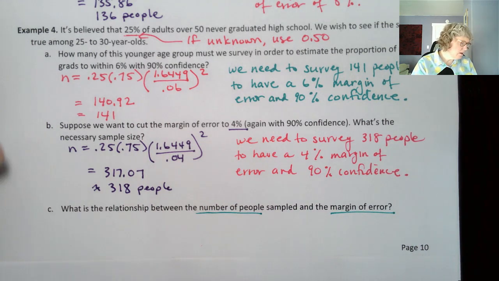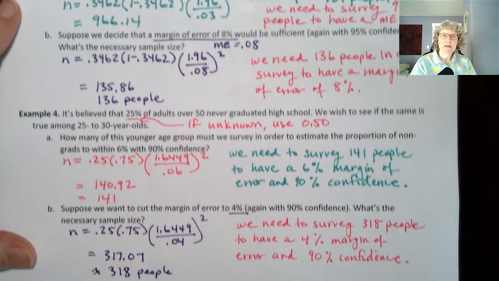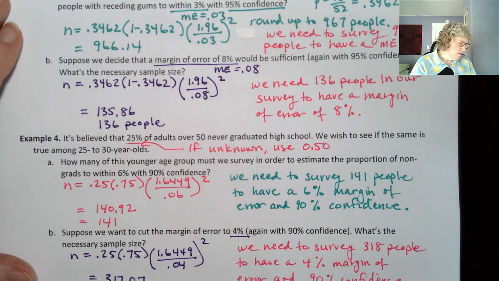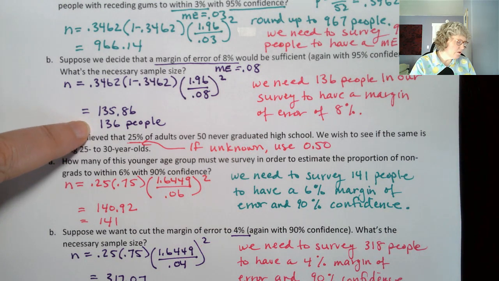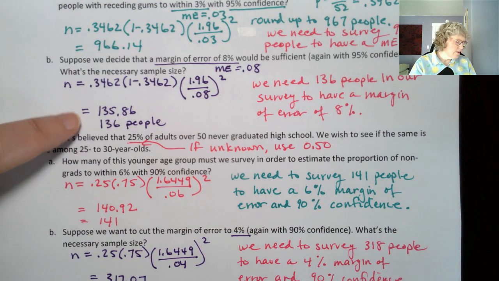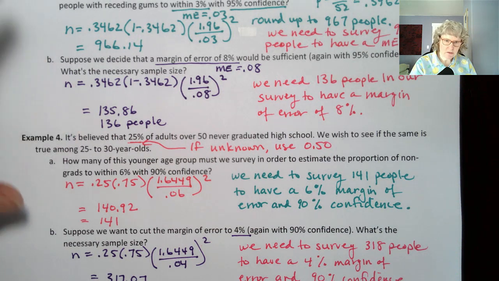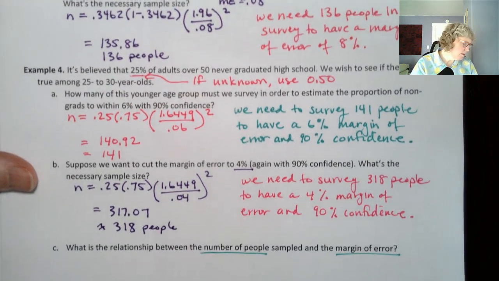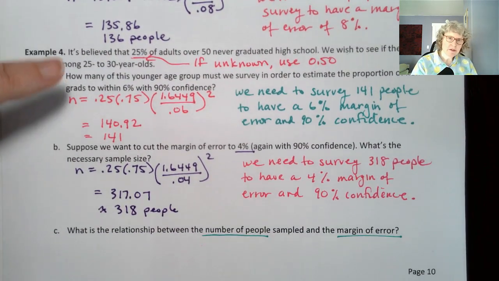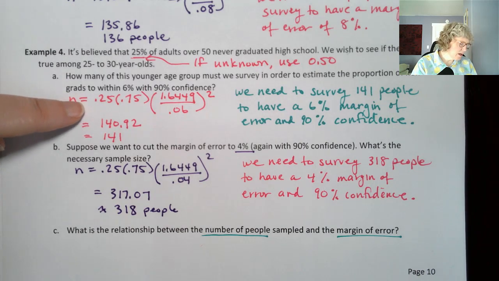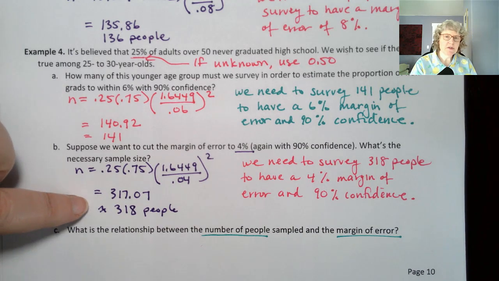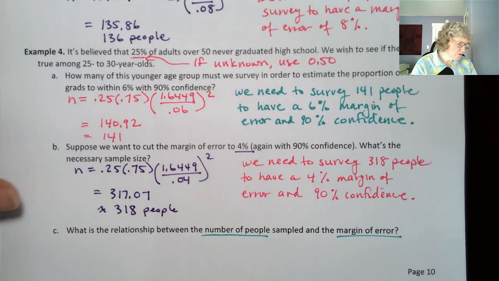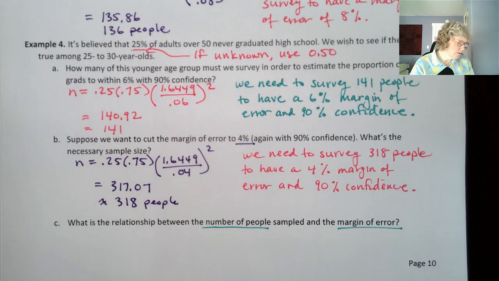So we saw, let's look at both of our examples. We saw we had a 3% and we went up to 8%. So when our margin of error increased, the number of people we needed went down, right? And then in our second example, we started with a larger 6% and we went down to 4%. And the sample size went up. So they have this inverse relationship to each other. They're going in the opposite direction.